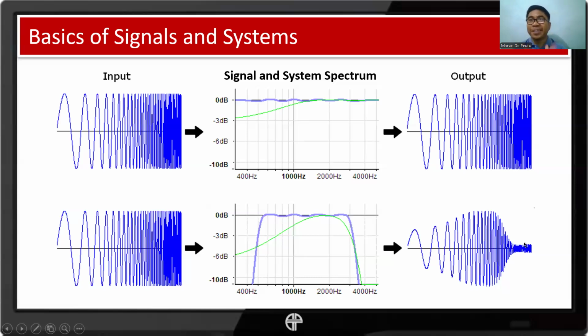So that's the main essence of signal processing. We design our system in a way that it will reshape our intended signal. So it depends on the purpose: what should our signal become when it goes through our system? That's the main essence of that.